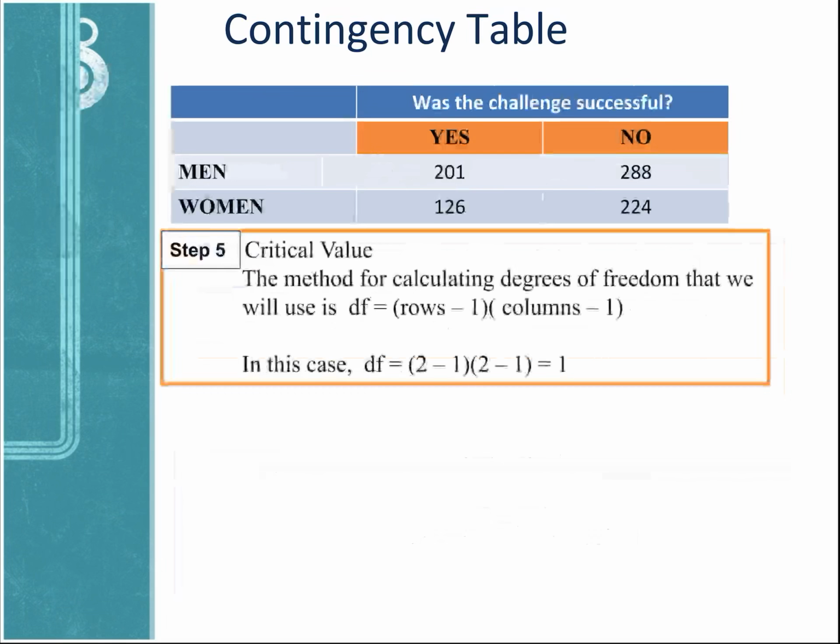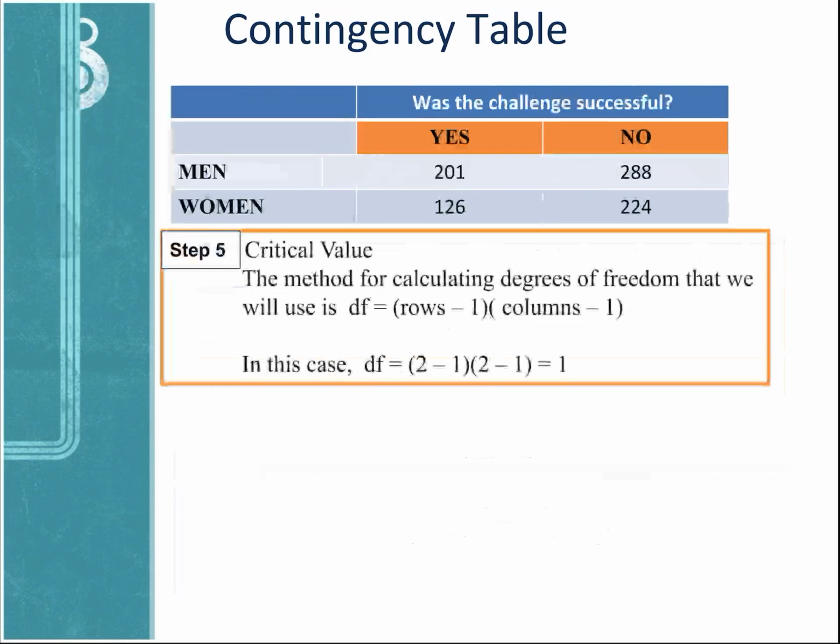So what we need to know for the contingency table is how you find degrees of freedom. This is a unique degrees of freedom. We're still subtracting 1, but we're going to do the number of rows minus 1, so that'd be 2 minus 1, multiplied by the number of columns minus 1, so times 2 minus 1.